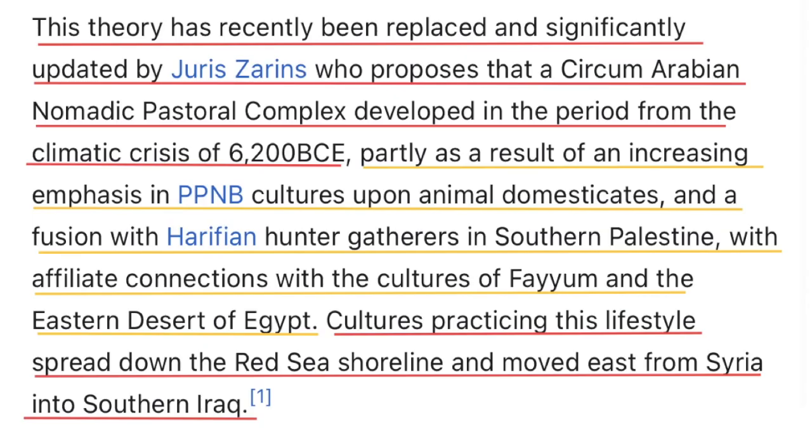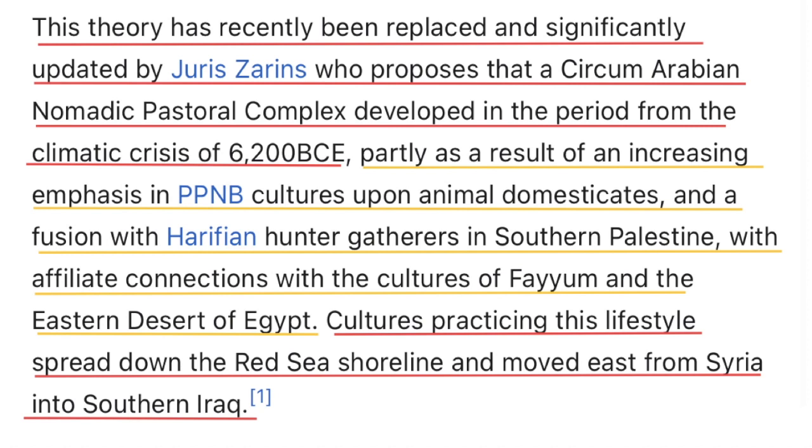This theory has recently been replaced and significantly updated by Juris Zarins, who proposes that a Circum-Arabian Nomadic Pastoral Complex developed in the period from the climatic crisis of 6200 BCE, partly as a result of an increasing emphasis in Pre-Pottery Neolithic B cultures upon animal domesticates and a fusion with Harifian hunter-gatherers in southern Palestine, with affiliated connections with the cultures of the Fayum and the eastern desert of Egypt.